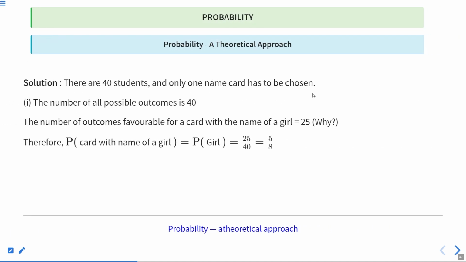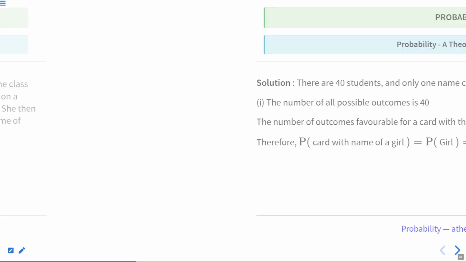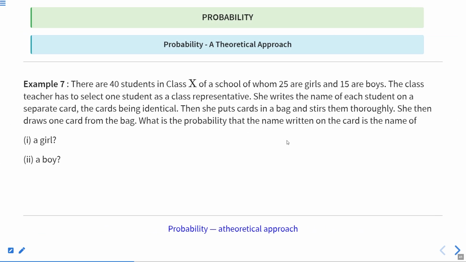So there are 40 students and only one name card has to be chosen. In the first question, what is the probability that the name written on the card is the name of a girl?